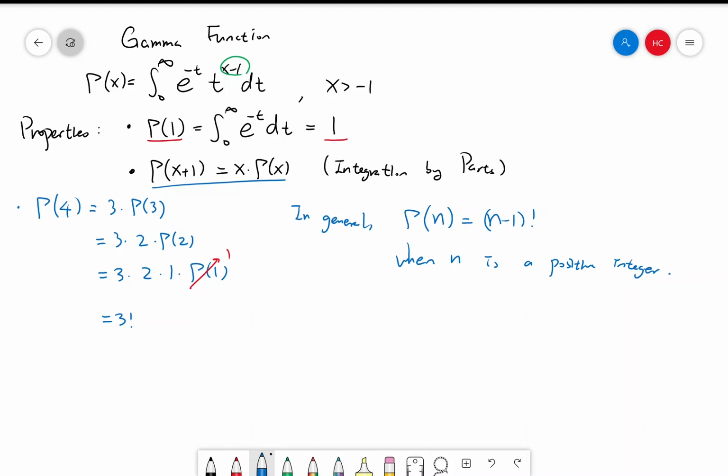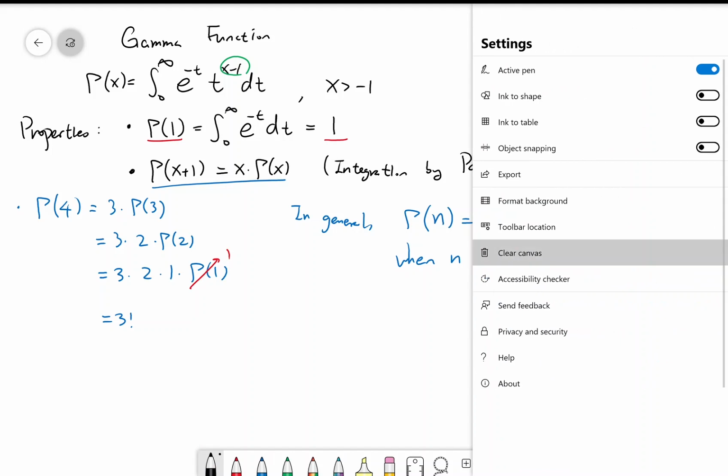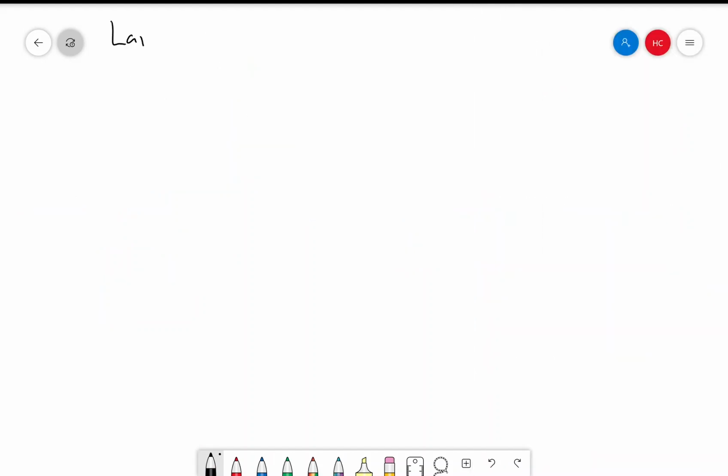Alright, so now that we know this, we can calculate the Laplace transform of polynomials. So let's do that. Let f of t equal a polynomial, t to the alpha, where alpha is greater than -1.